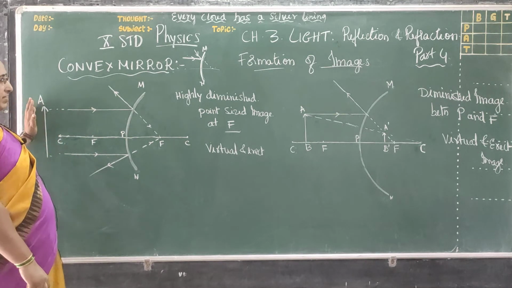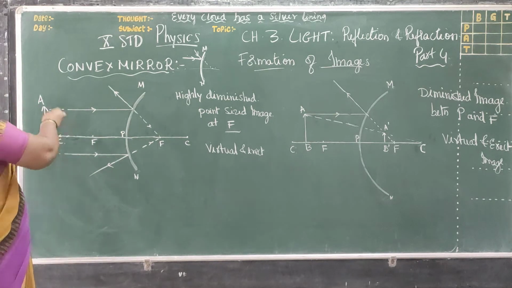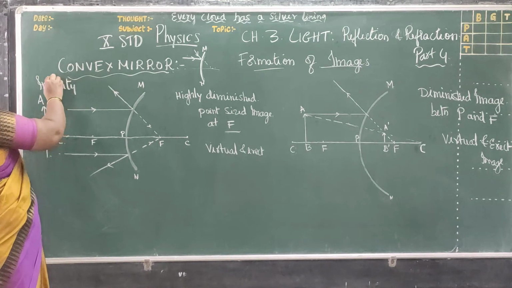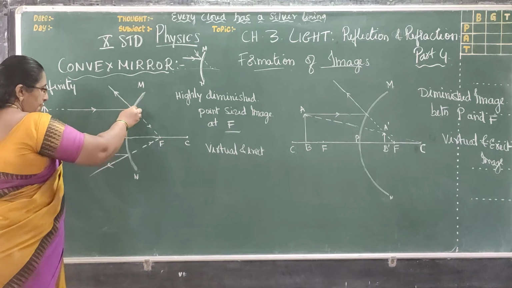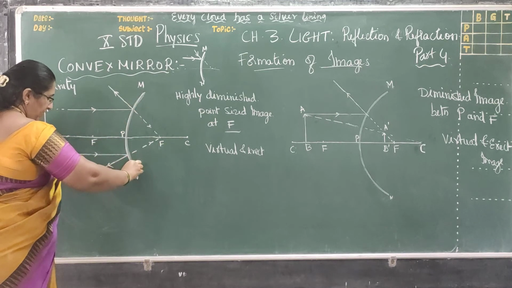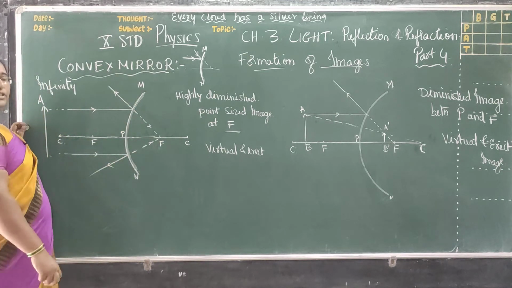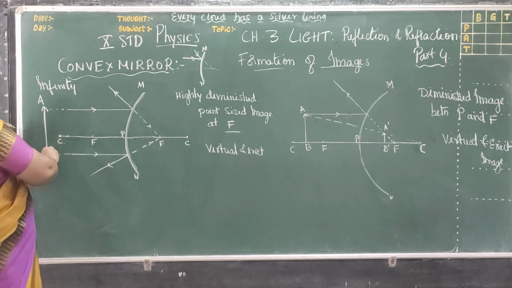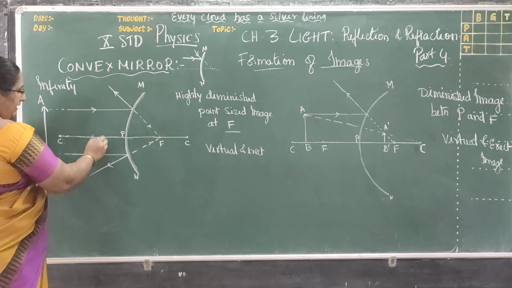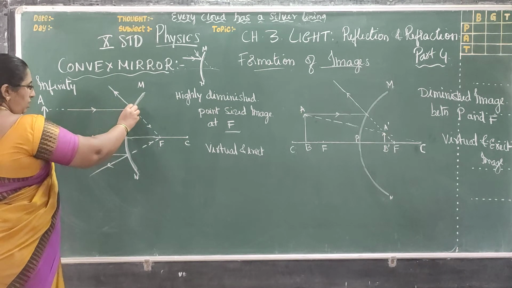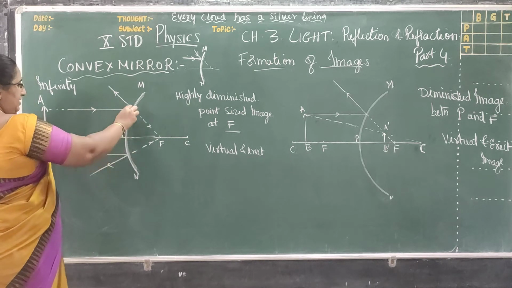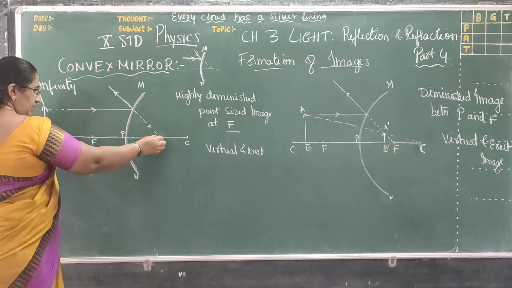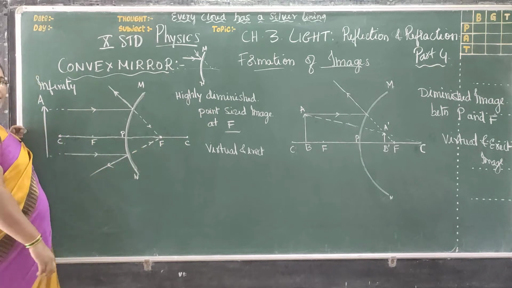If the position of the object is at infinity, here in this ray diagram we have the convex mirror MN, and this is the reflecting surface, and we have the object at infinity. Two parallel rays that fall on this reflecting surface reflect and appear as if they are coming from the focus.